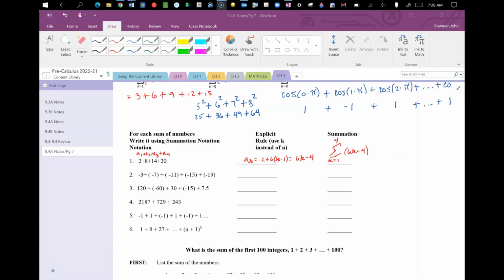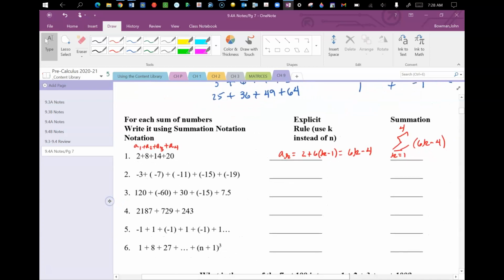I want to take this first example and rework it if our index started at 0. So instead of calling the first term A1, what if we called the first term A0? Then the second term would be A1, and the third term would be A2, and the fourth term would be A3. If we were to do it that way, we would write our explicit rule slightly differently.